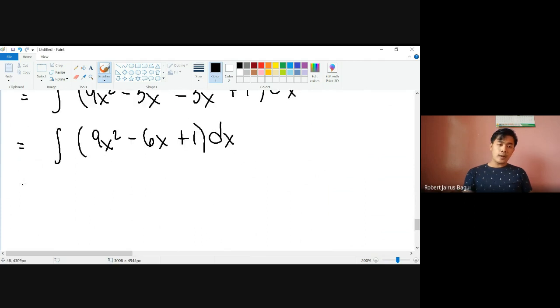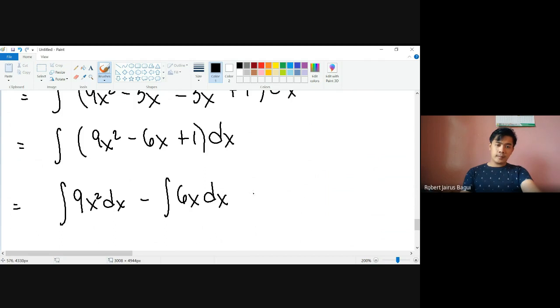And yung kanina kong ginawa, yung parang may distributive property nga si integral sign: integral of x squared dx minus integral ni 6x dx plus integral ni dx. So 1 lang naman yun, kaya dx lang.